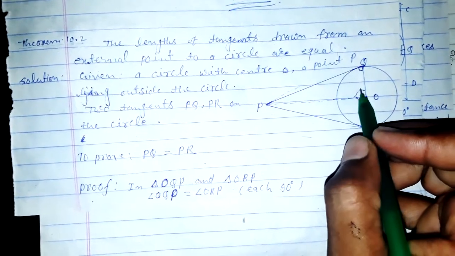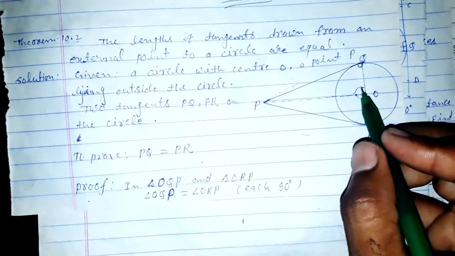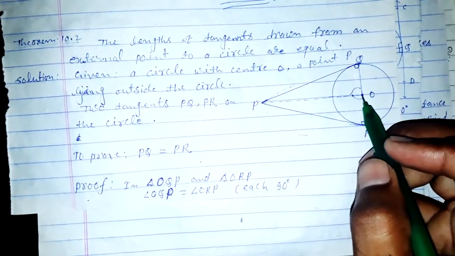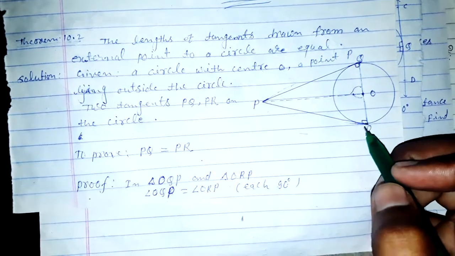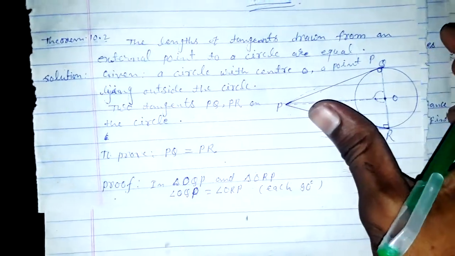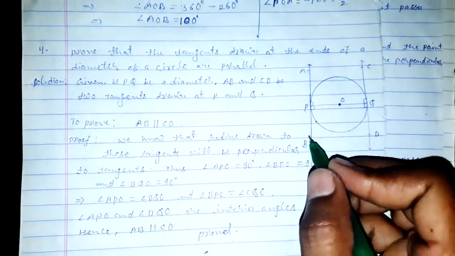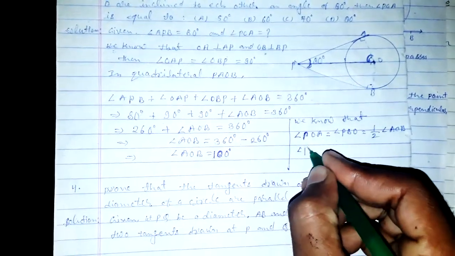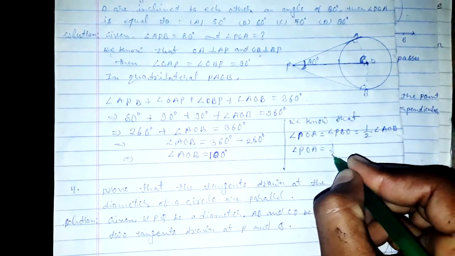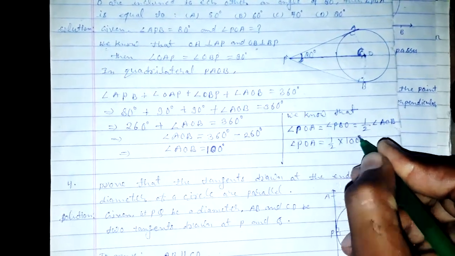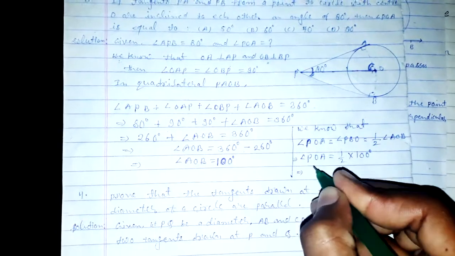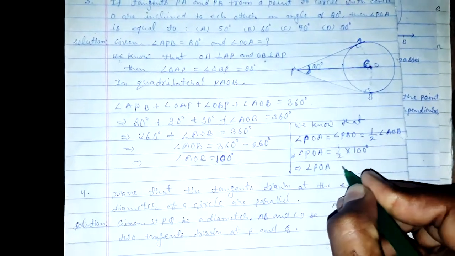So this is half of the complete angle AOB. Angle POA is equal to 1/2 into 100 degrees. So angle POA is equal to 50 degrees. The answer is 50 degrees, so the correct option is A.